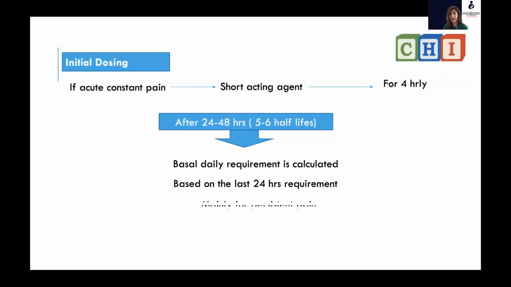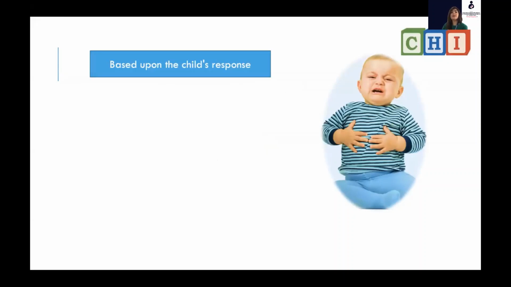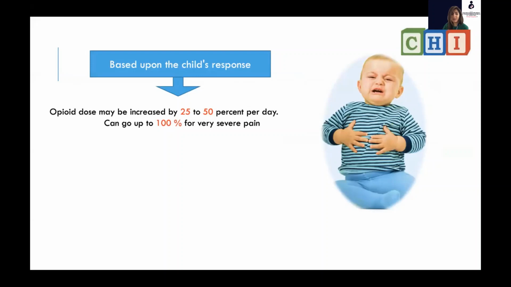Based on the last 24 hours' requirement, we can adjust our treatment. Based upon the child's response, we can increase 25 to 50% per day, and up to 100% for very severe pain, until we have adequate analgesia or any side effect is intolerable.